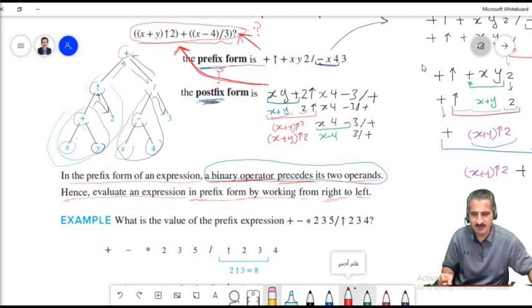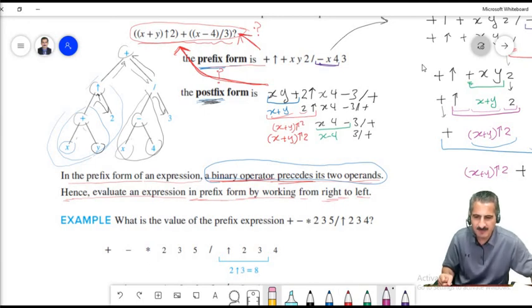And now notice we have this operand and this operand and this operation, which is division. So that will give x minus 4 over 3, and in here we get (x plus y) to power 2, and this operation goes down here. And now what's happening in here?